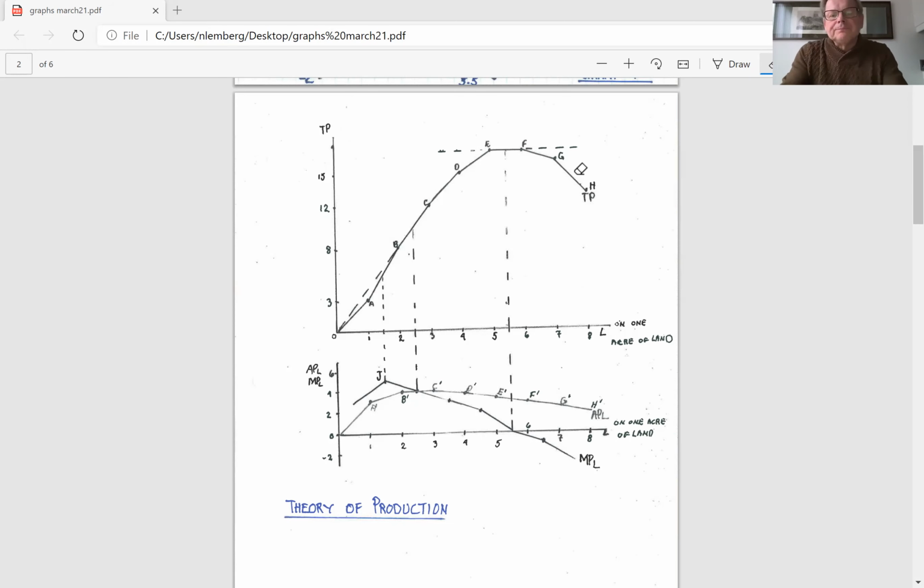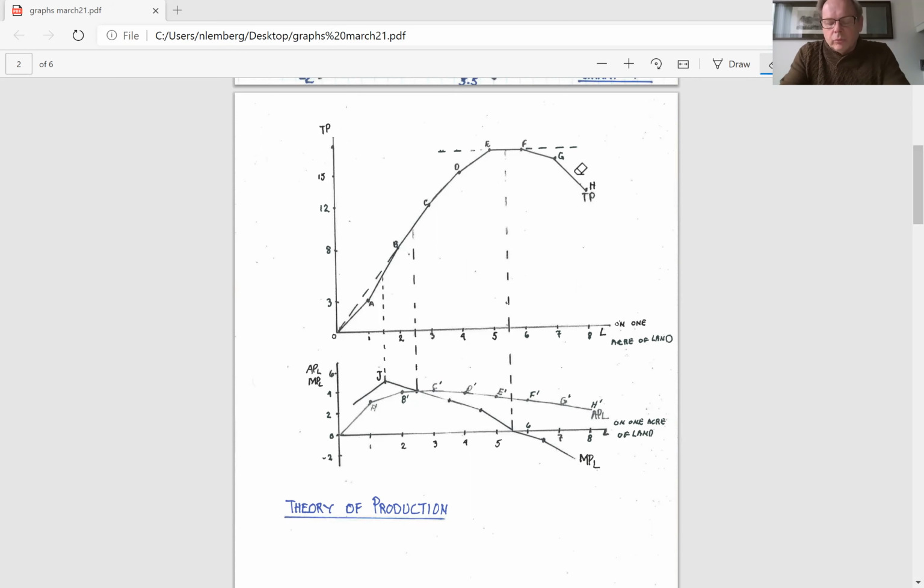Well, hopefully you noticed that once you calculated the slope from the origin to a point on the curve, 0, 0 to point A, 0, 0 to point B, 0, 0 to point C, and so forth, that the slope there is equal to the average product of labor.